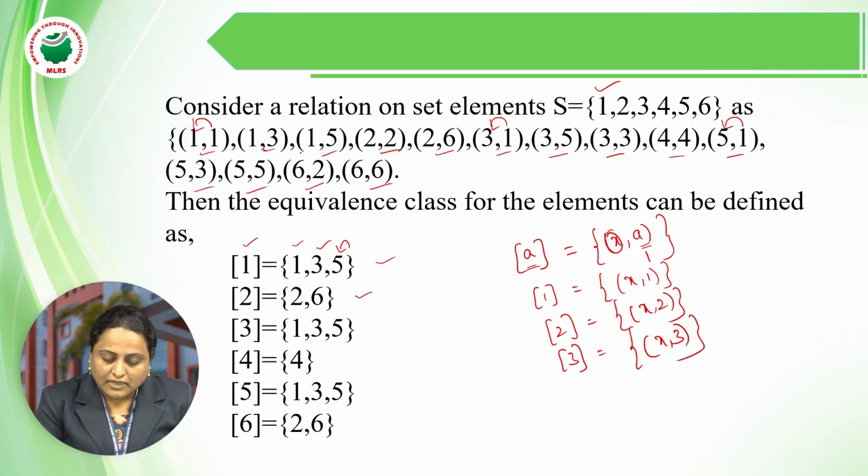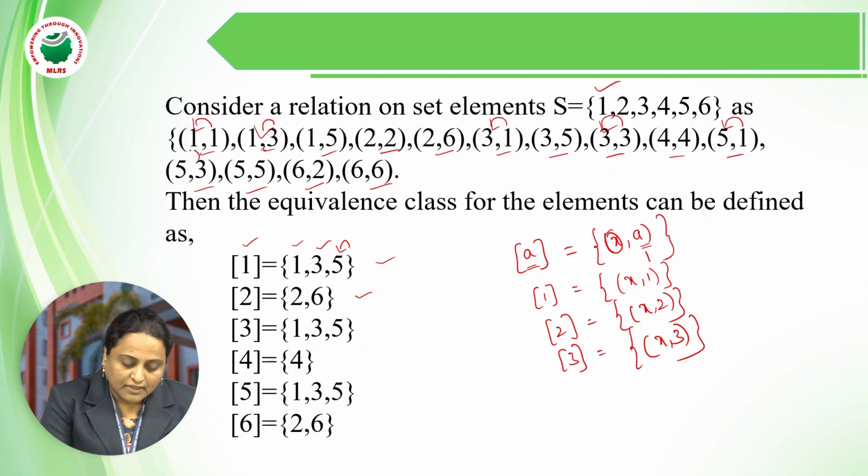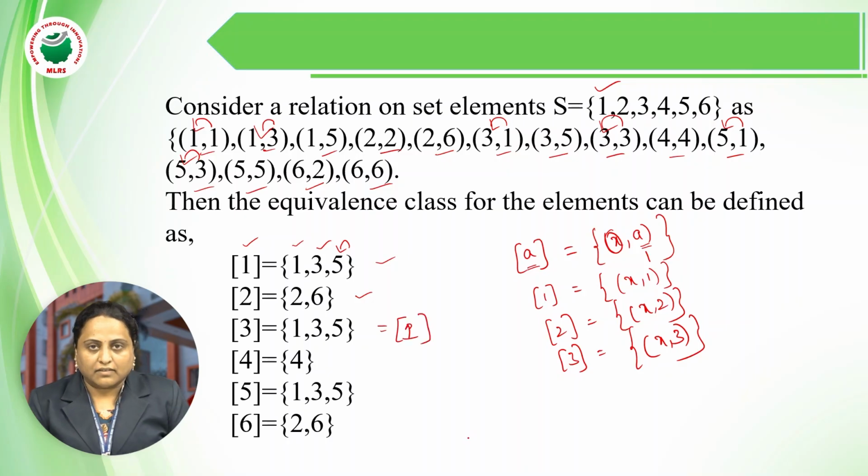Here 3 is related by 1, so you have written 1, by 3, so 3, and by 5, so 5: 1, 3, 5. Here you can observe that the elements related to 1 and 3 are equal. So you can say that the equivalence class of 1 is equivalent to that of 3, because the values are the same.